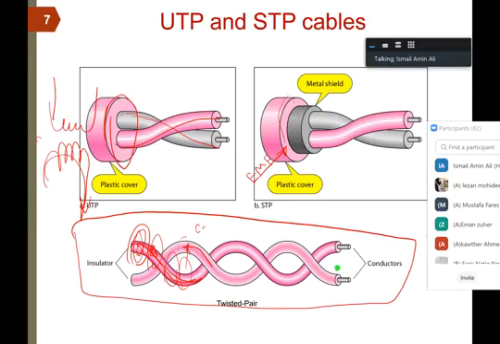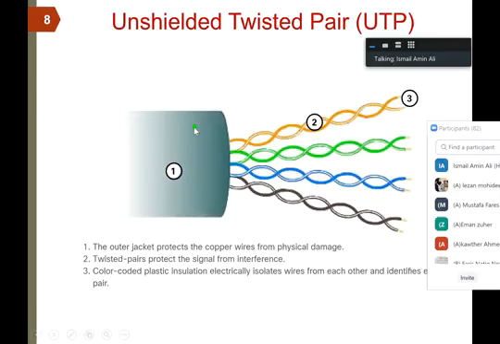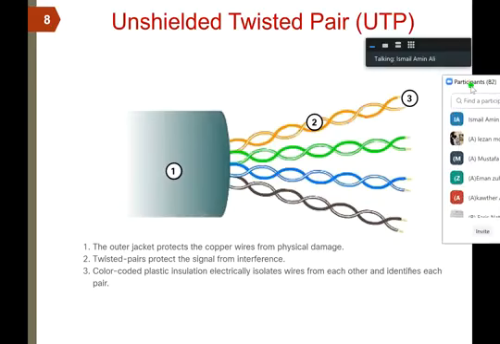But the twist will eliminate the crosstalk between these cables. So the shield will reduce the external noise, and the twist will reduce the crosstalk. Okay, so we mostly use these types of cables, which are of course copper.